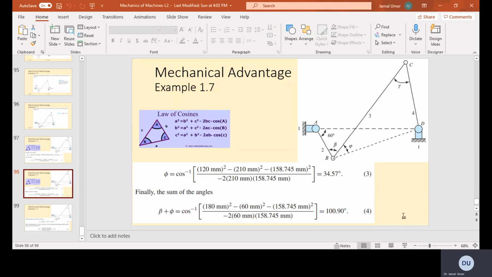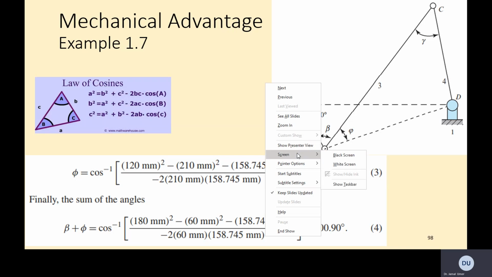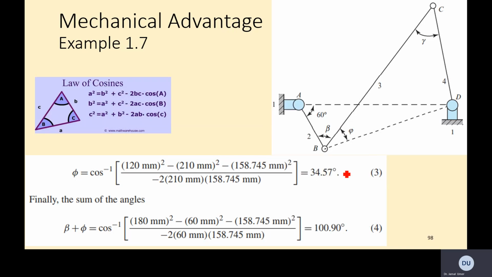All right, so now once we have this phi value, if I can somehow analyze this triangle, I can find out the sum of these two angles, right?